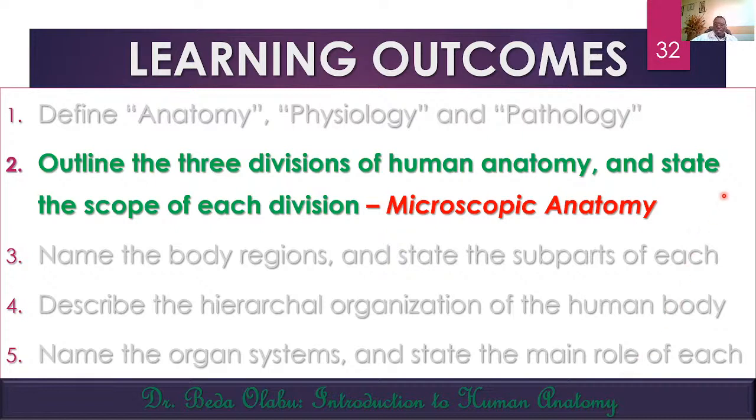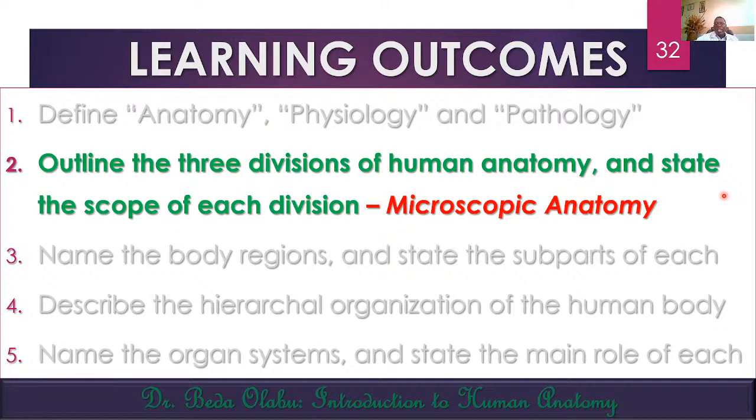And so that summarizes the concept of gross anatomy. We've seen that we can have two approaches, the topographic approach, where we study according to regions, and systemic approach, where we study according to the different systems.